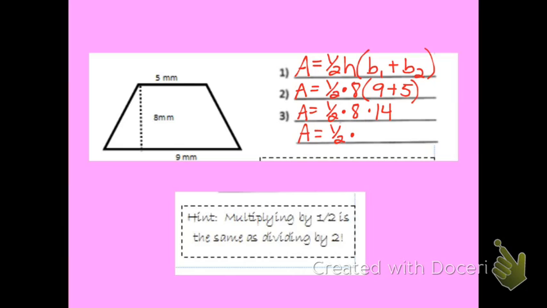Somebody put it in for us. 112. So 1/2 times 112. So area equals 112 divided by 2 gives us 56. That sounds about right to me. 56. And since we're in millimeters, it's millimeters squared. 56 millimeters squared.